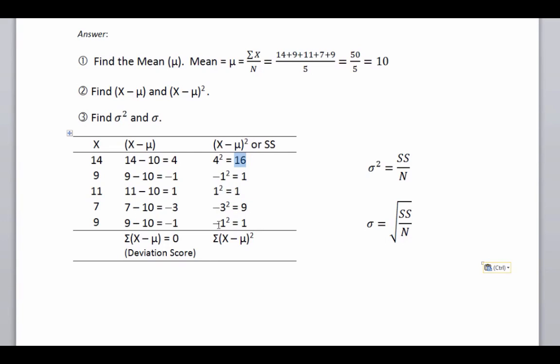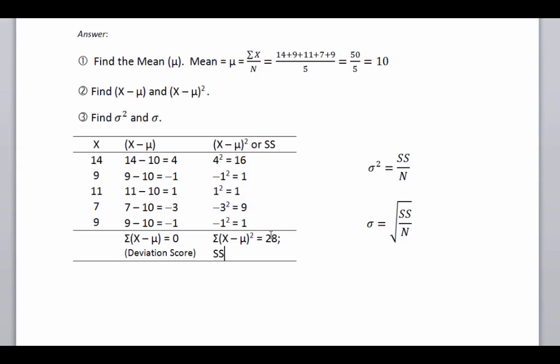Negative 3 squared is 9, and then negative 1 squared is 1. And now we want to sum up these squared deviation scores. If we add these together, we get 16 plus 1, 17, 18, 27, 28. So the sum of those squared deviation scores is equal to 28.